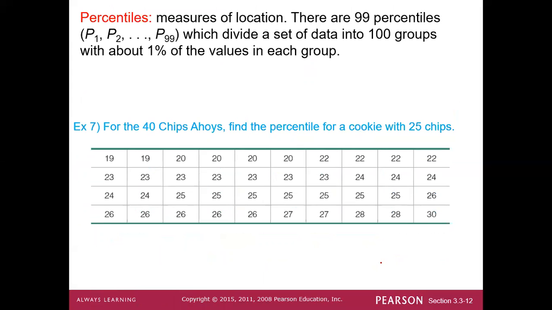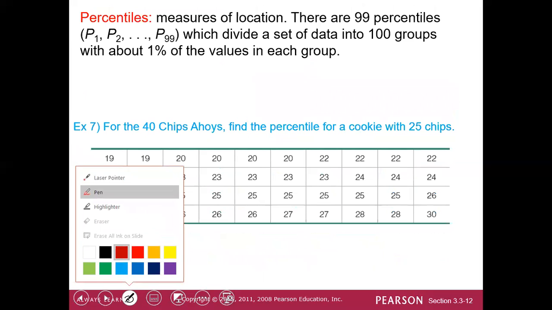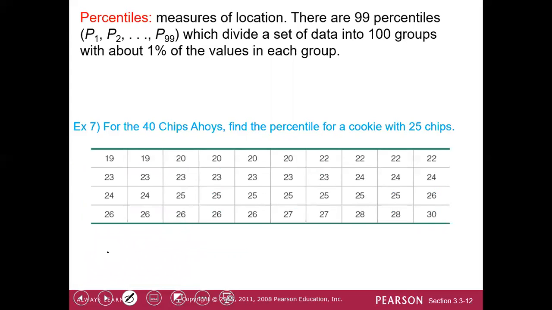Another way to measure relative standing is through percentiles. Now, percentiles don't have anything to do with the mean. They have to do with ordering stuff from least to greatest. So these are a measure of location. Now, be careful, percentiles are not the same thing as a percentage.